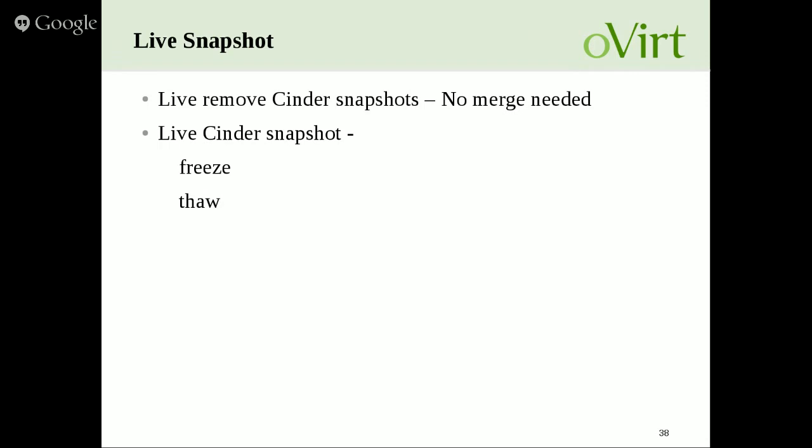So when we create a live snapshot on a running VM, we use freeze to create a new Cinder snapshot without any data corruption or data inconsistency. And when we finish creating this snapshot, we use thaw to release the VM from the freeze and keep working.